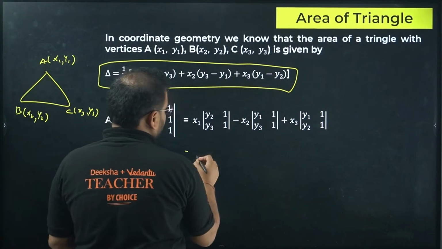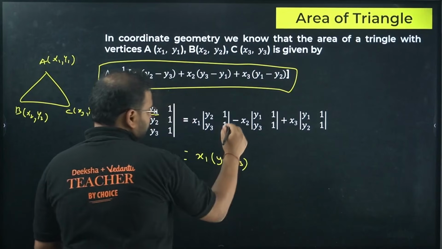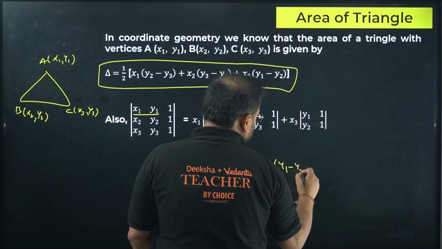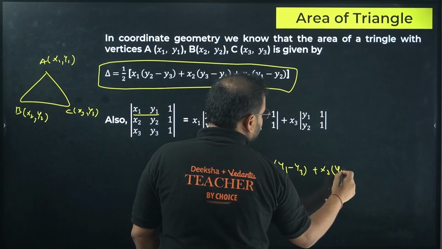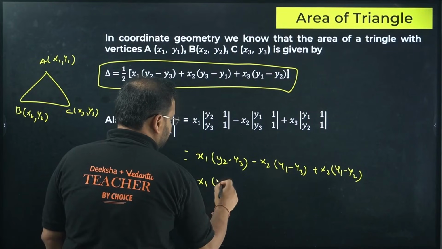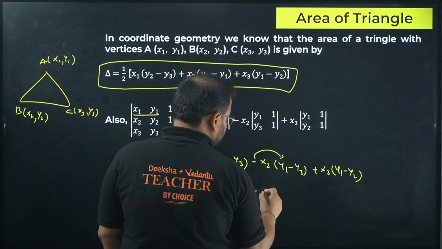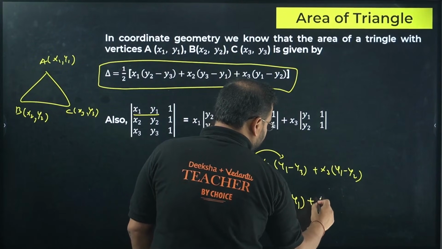What are you gonna get? Check here. x1 times (y2 minus y3), then over here y1 minus y3, over here y1 minus y2. Check here: x1 times (y2 minus y3). Move this inside, you'll get what? Plus x2 times (y3 minus y1), and right here x3.